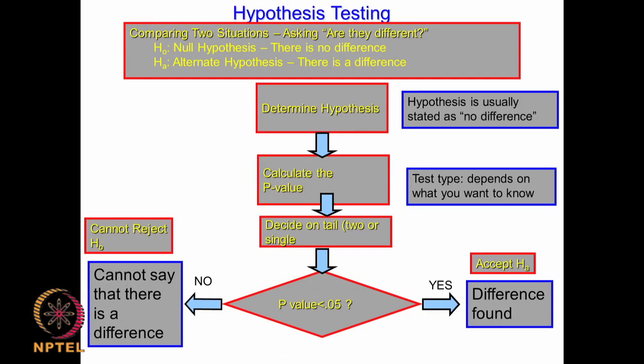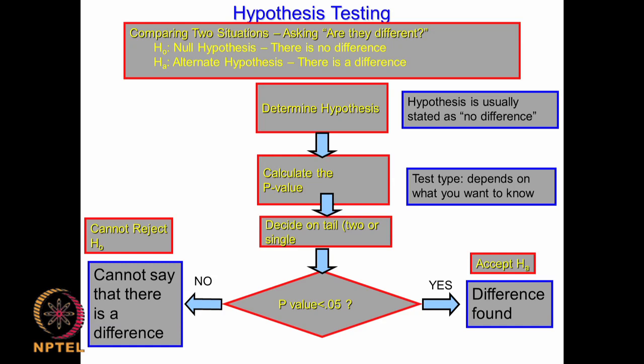So, again let me go back. We create the null hypothesis: there is no difference, or status quo. The alternate hypothesis could be that there is a statistical difference between the new data set and the old data set. Then we use a 2 tail test, because when we say there is a difference we do not say whether the difference is more or less.